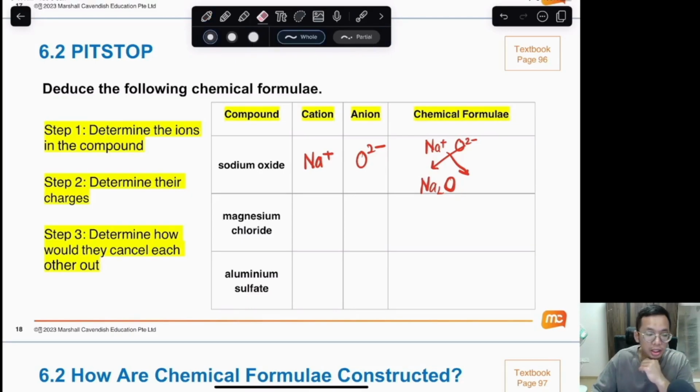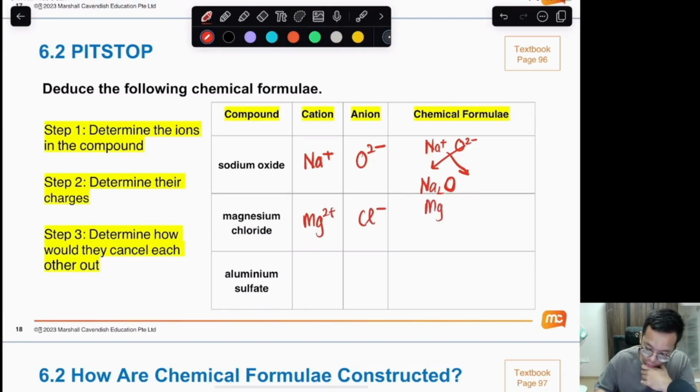So it will be Na2O. Next, magnesium chloride, Mg2 plus, Cl minus. Same thing if you want to do your working here. Just take the coefficient and cross. This is an invisible 1. You don't write it down, so it's MgCl2.